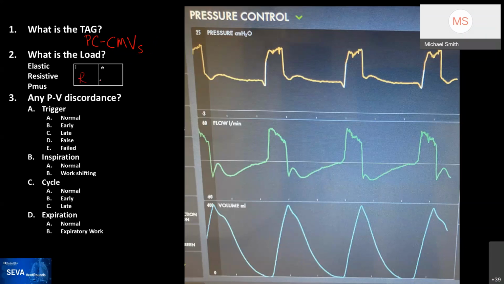And the expiratory load, I think, is largely PMOS. And then for the discordance, for the trigger, it looks like it's a pressure trigger. And based on the first ones I see, it seems like it's probably late.